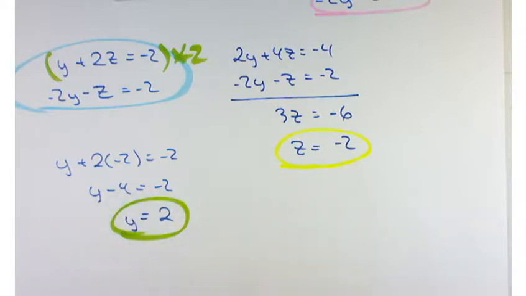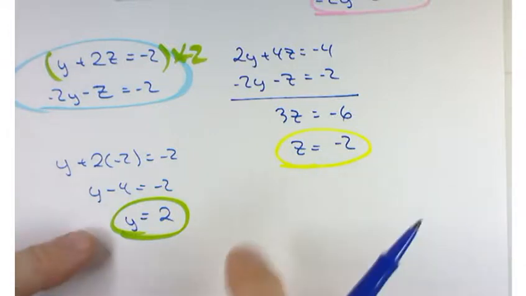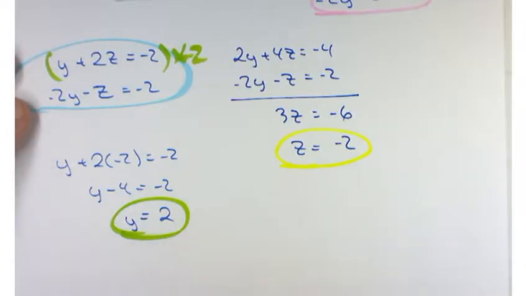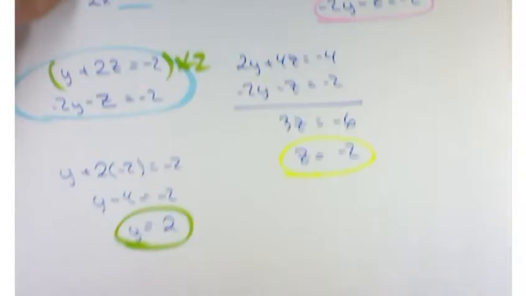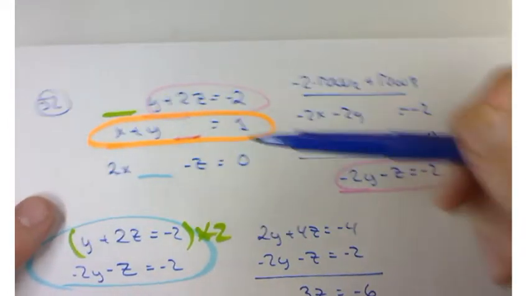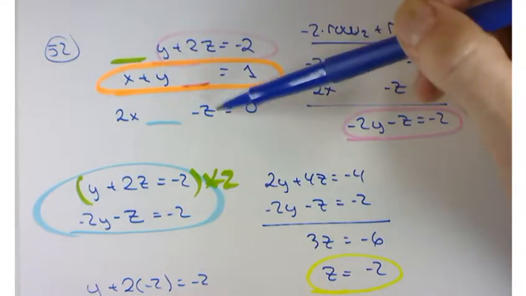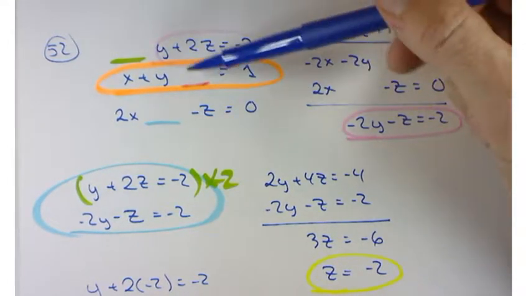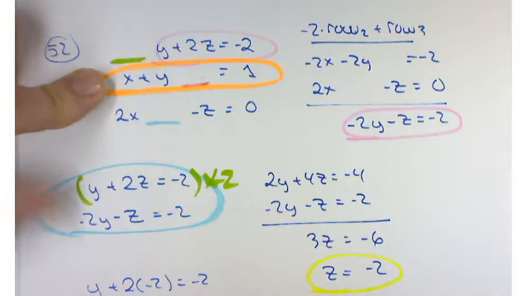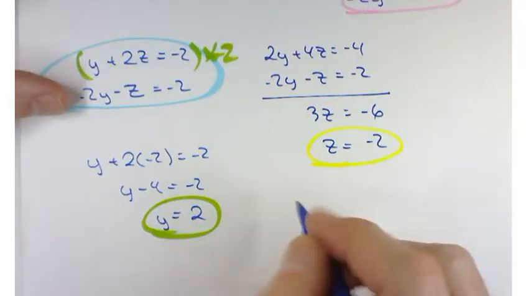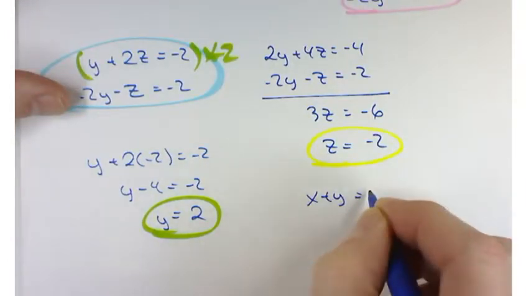The last one to deal with is figuring out what x is. You're going to have to figure out which one of these equations you want to use. It doesn't really matter. We know what y is, we know what z is, so plug into one of them and then solve for x. I think the second equation looks easiest, so plug into x plus y equals 1.